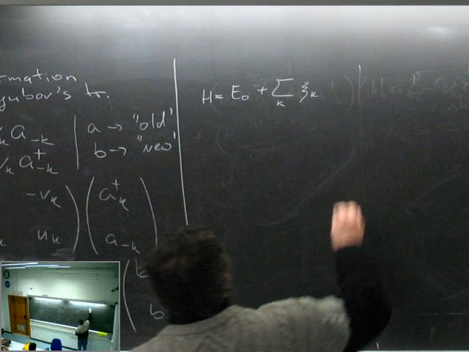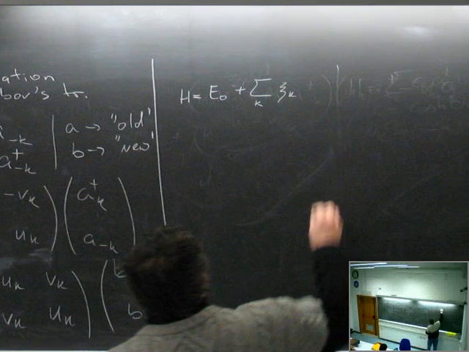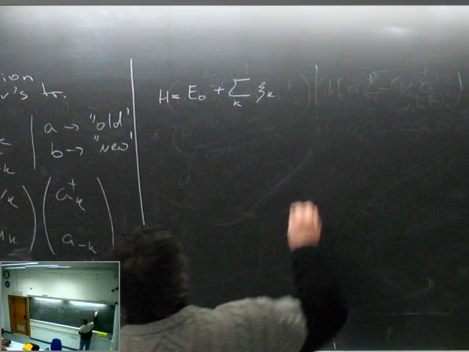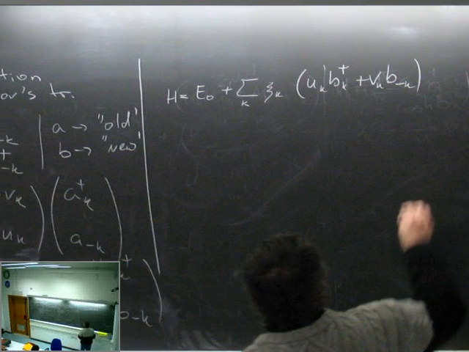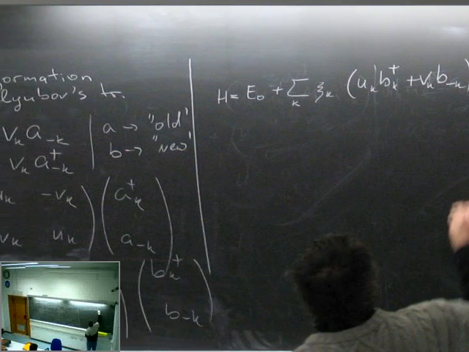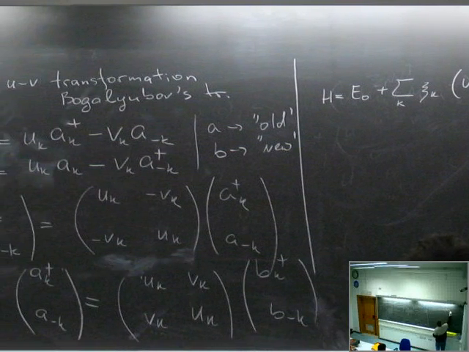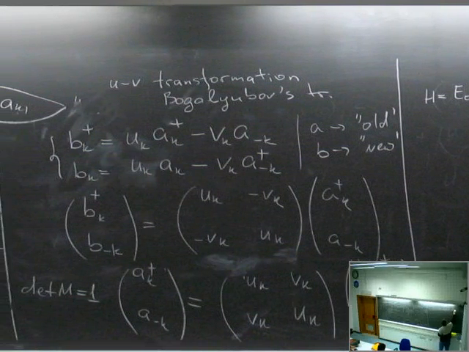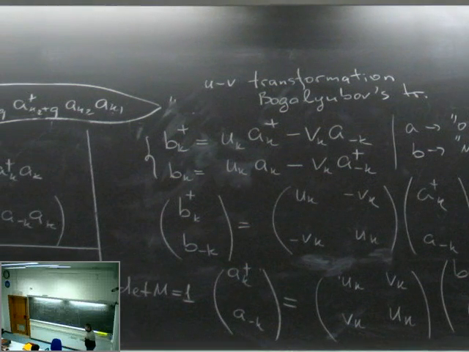It is u_k b_k dagger plus v_k b_minus_k. You see, I multiply times the complex conjugated u_k b_k plus v_k b_minus_k dagger. So this is my first term.